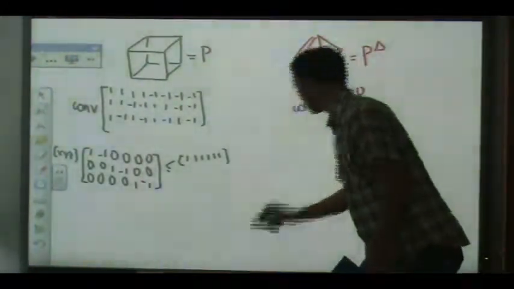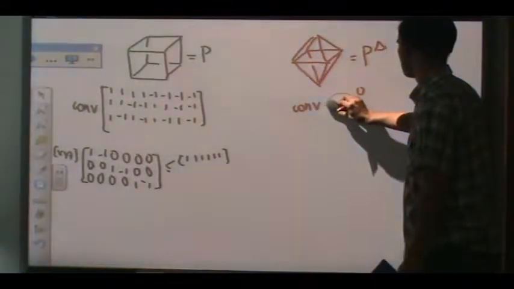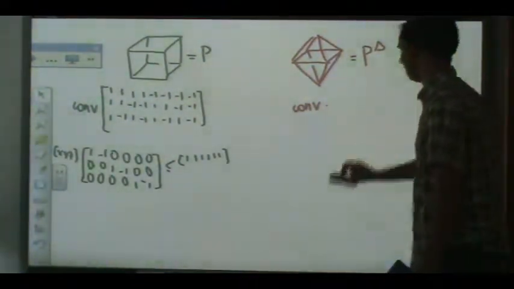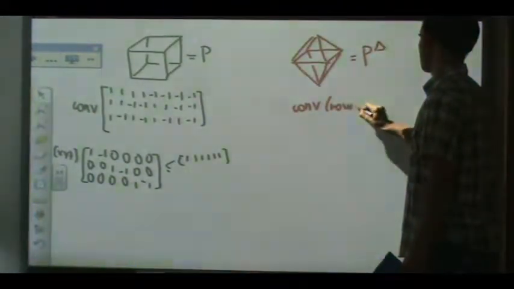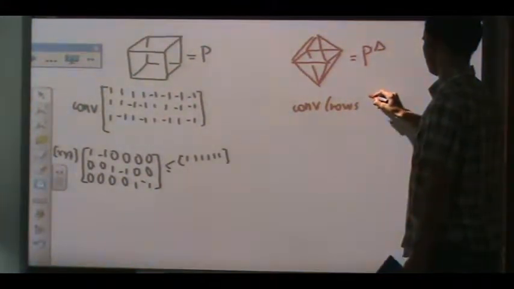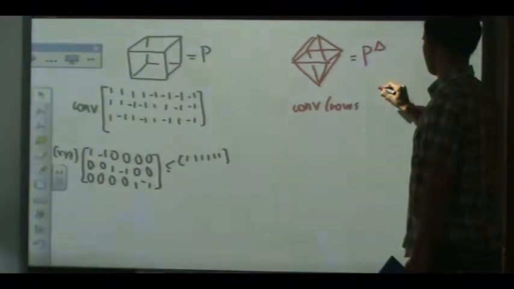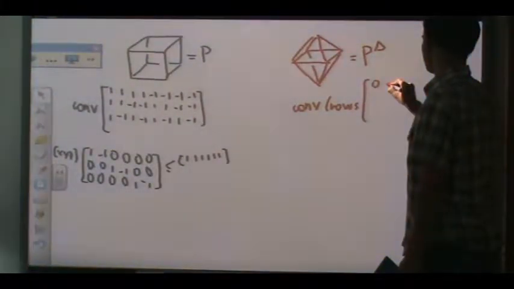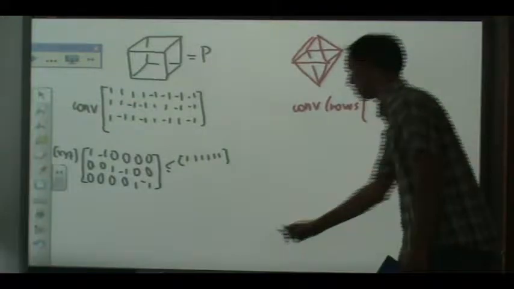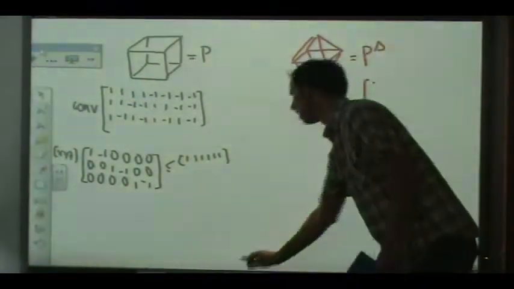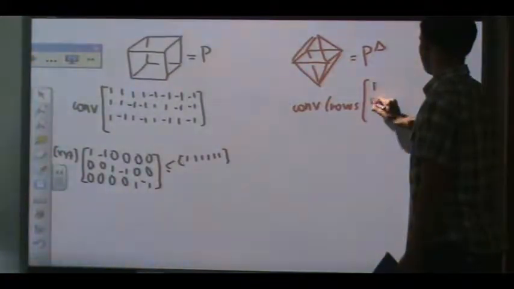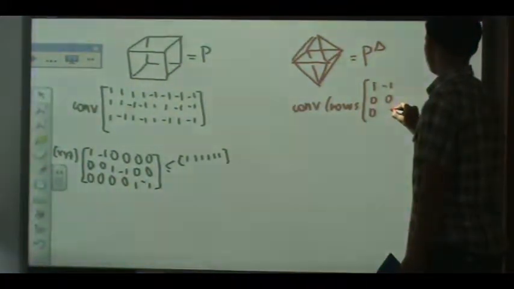So let me write maybe rows of 0, 0, 1; 1, 0, 0; minus 1, 0, 0.